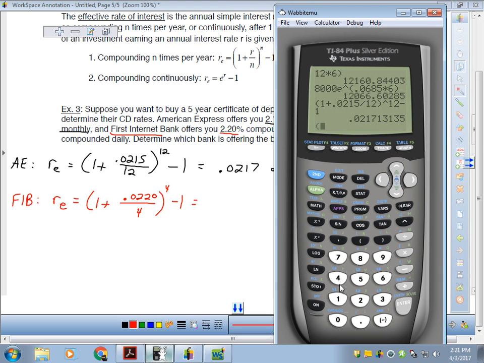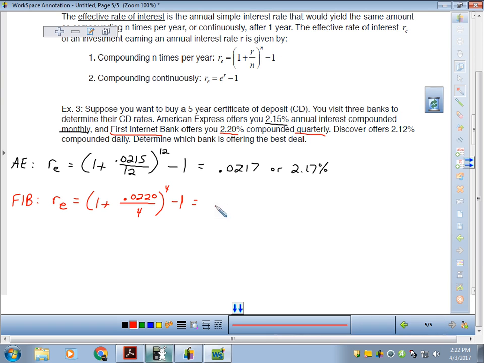Again, we go to our calculator. So 1 plus 0.0220 divided by 4, raised to the 4th, minus 1. So we get 0.0222 if I round it to the 4th decimal, which would be the same thing as 2.22%.